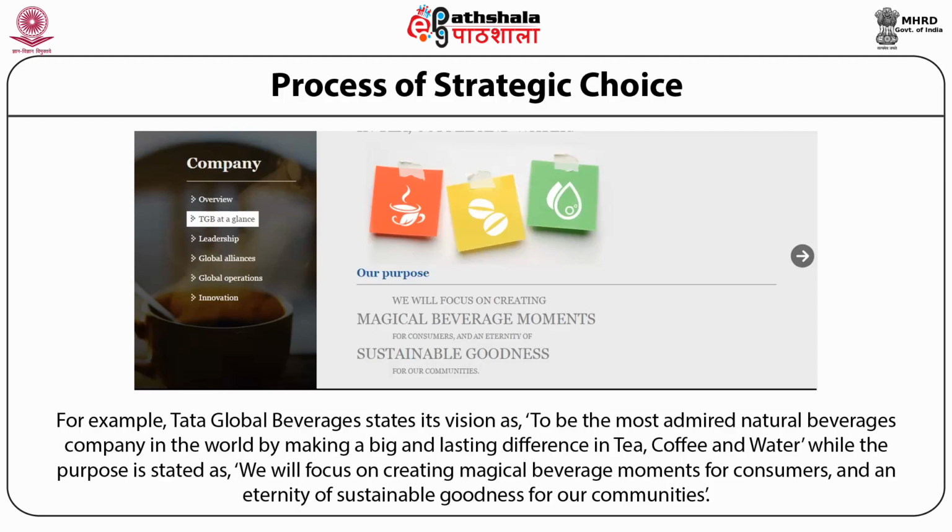Tata Global Beverages has grown through innovation, strategic alliances, acquisitions, and organic growth. Over 60% of the company's consolidated revenue originates from markets outside India, and more than 90% of the turnover is from branded products.